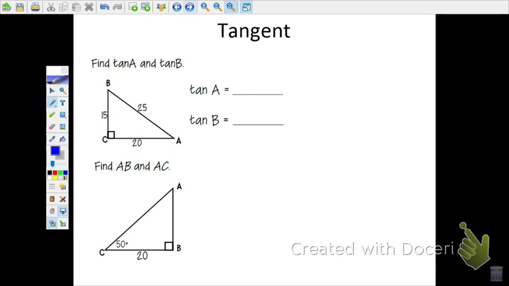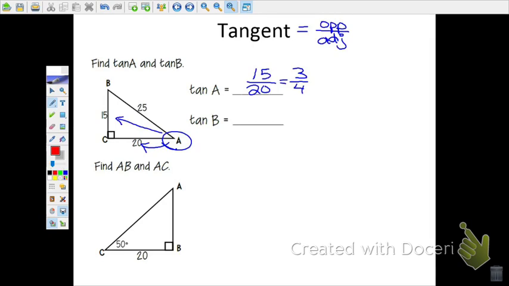And then the third one is tangent, which is opposite over adjacent. So I'm looking at A, opposite is 15, adjacent is 20, and that simplifies to 3/4.